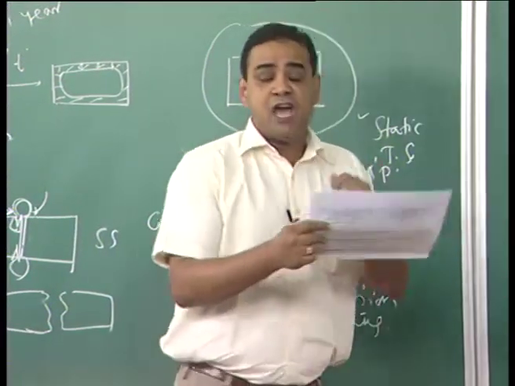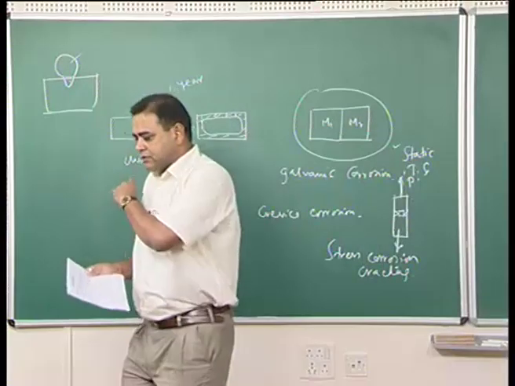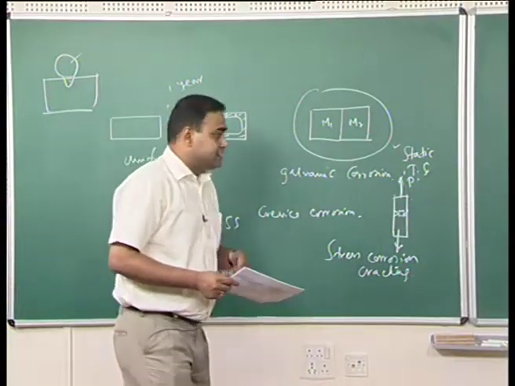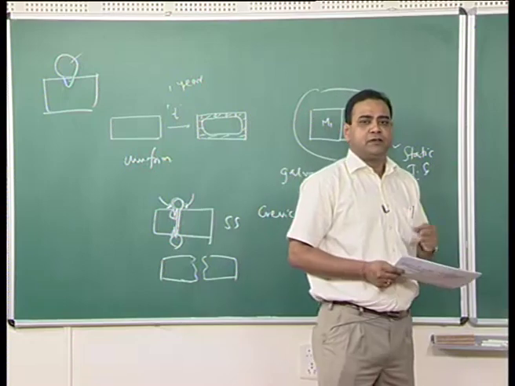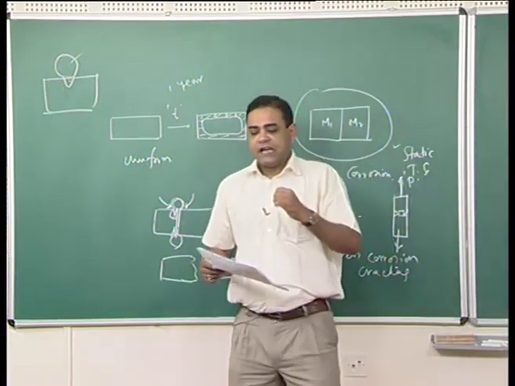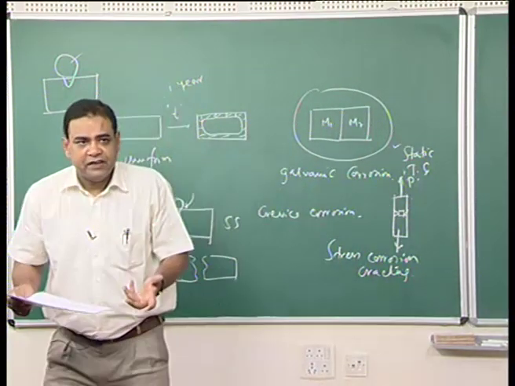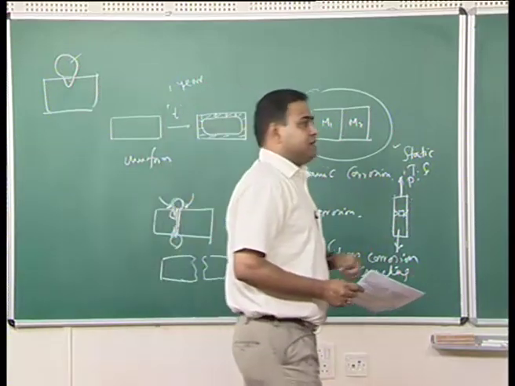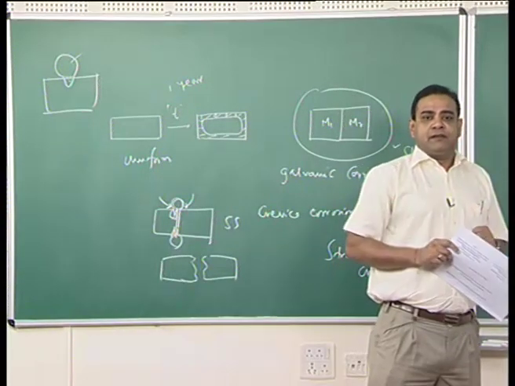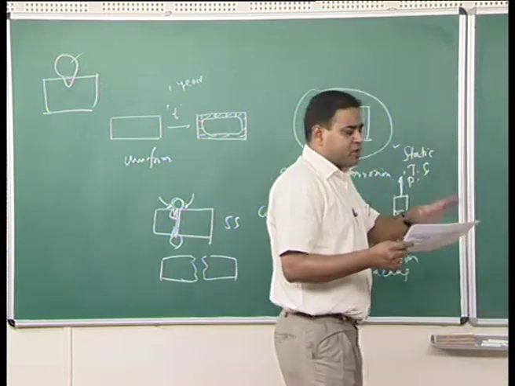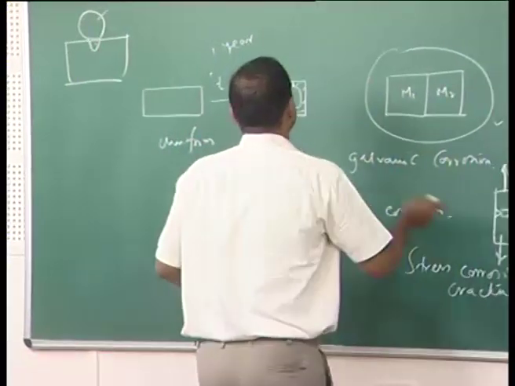You can also have hydrogen induced cracking. In the last lecture I said that hydrogen can lead to embrittlement. If it embrittles the material, it becomes very brittle in nature, so the material can fail by cracking.